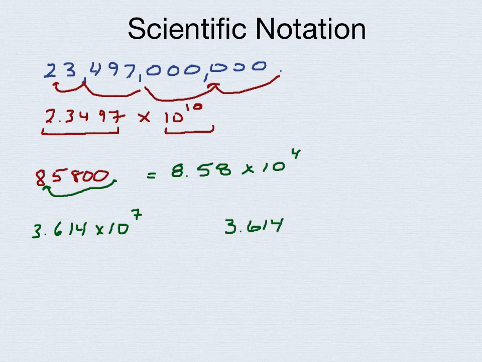In this case, we're told to move it 7 places or 7 factors of 10. So we're going to go 1, 2, 3. Then we need to add a grand total of 7 places. I'm going to have to add 4 zeros to make it equivalent. You're not adding 7 zeros, you're moving the decimal 7 places to the right.